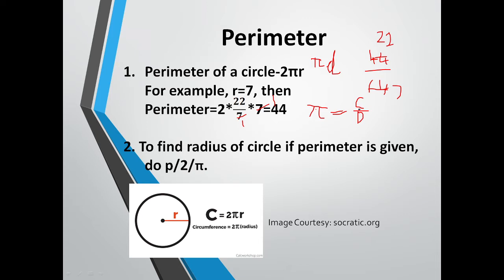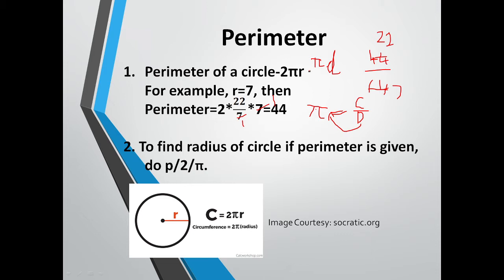We need to find the circumference, right? So we can just transpose this d to the other side. The division becomes multiplication, so it will become pi d. So pi into diameter equals circumference, and then we can simplify diameter into 2 into the radius of the circle, so it will become 2 into r, so 2 pi r.